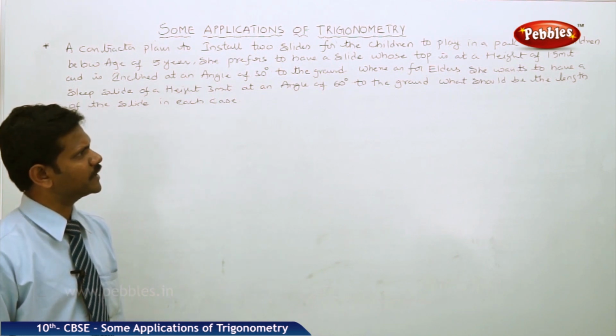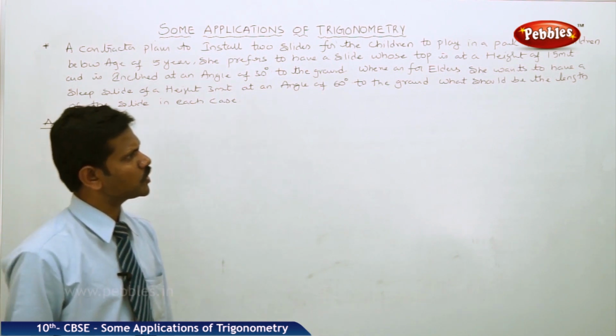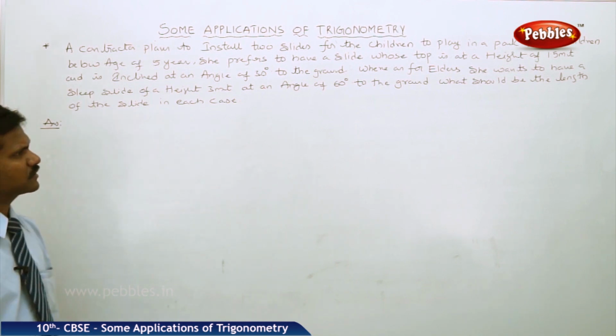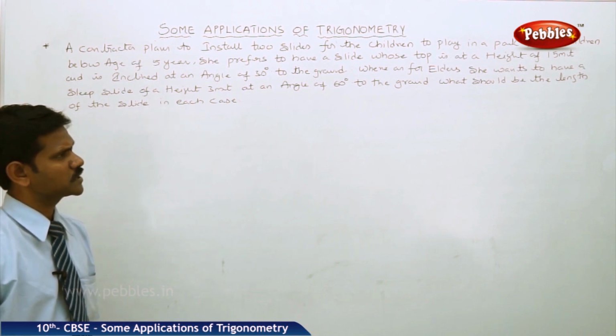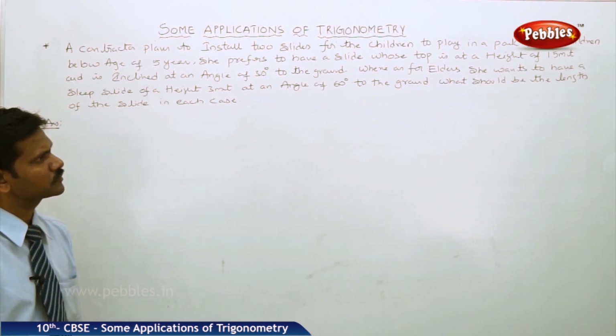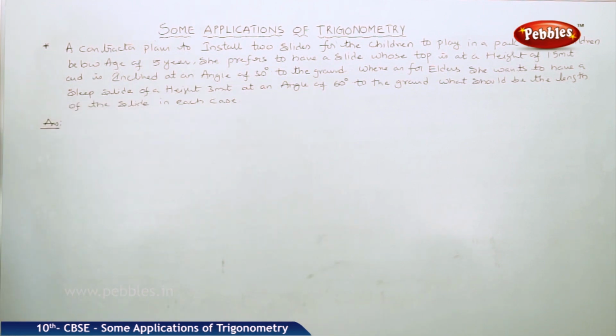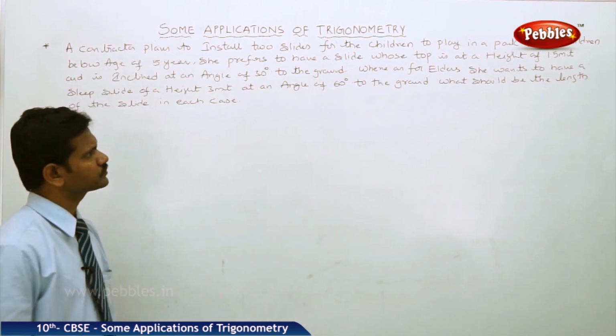Whereas for elders, she wants to have a slide of height 3 meters at an angle of 60 degrees to the ground. What should be the length of the slide in each case?